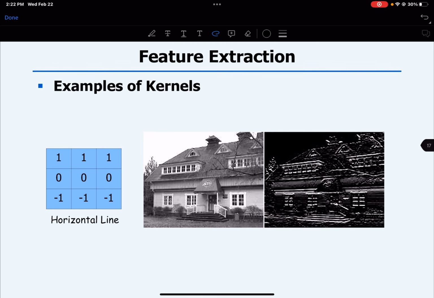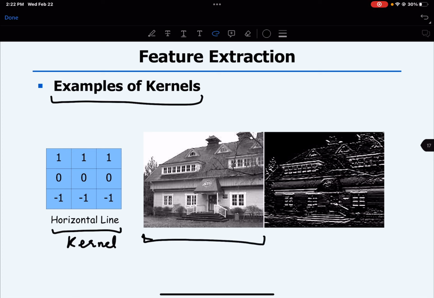Okay, so an example of a kernel. For example, this is our kernel that has been designed to extract the horizontal line within our image. If we apply it like this, then we go 1 pixel down, then 1 pixel down, like this.